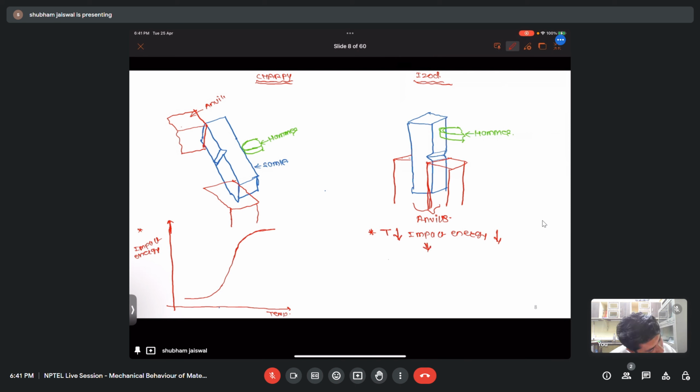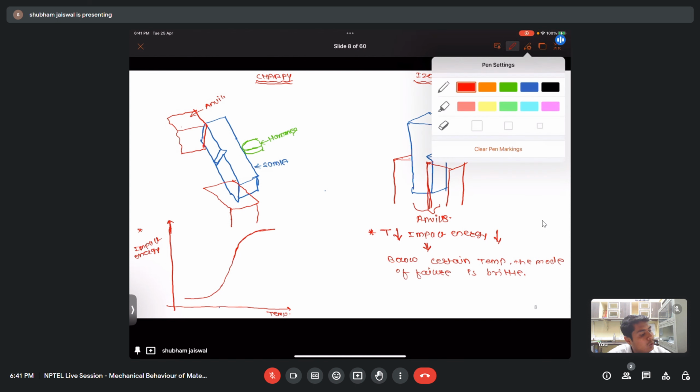So below certain temperature, the mode of failure is brittle. So how do you determine whether the mode of failure is brittle or ductile?